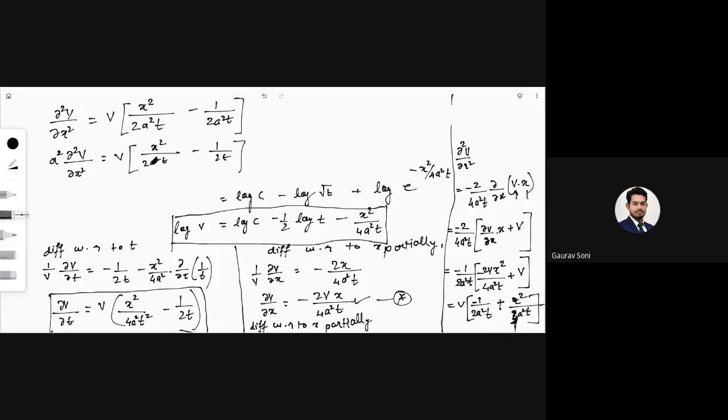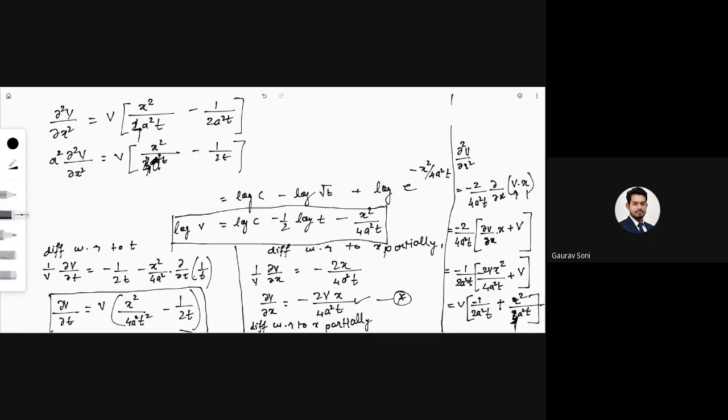So x square upon 4a square t. So this will be minus 1 upon 2t plus x square upon 4. So when we multiply by a square, that will become minus 1 upon 2t plus x square upon 4a square t.